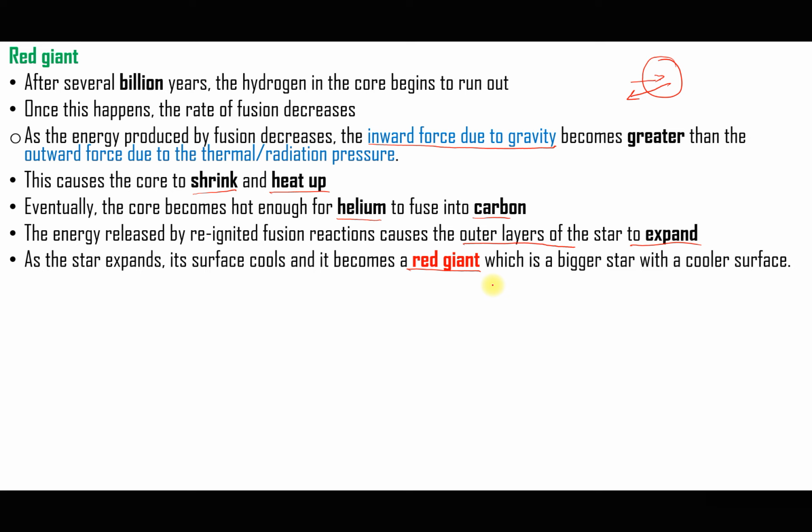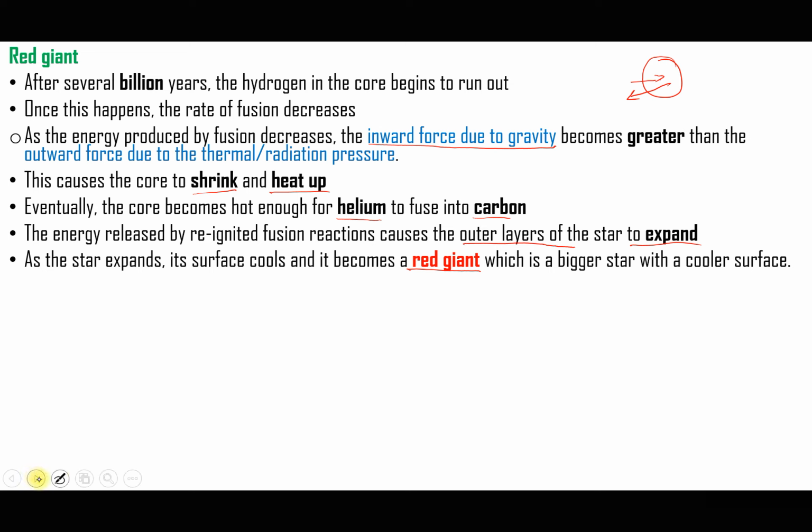When the core becomes very hot, the helium, which had been formed in the previous fusion reactions, fuses to form other elements such as carbon. The energy released by the reignited fusion reaction makes the outer layers of the star expand rapidly. As the star expands, its surface cools and it becomes what we call a red giant, which is a bigger star with a cooler surface.